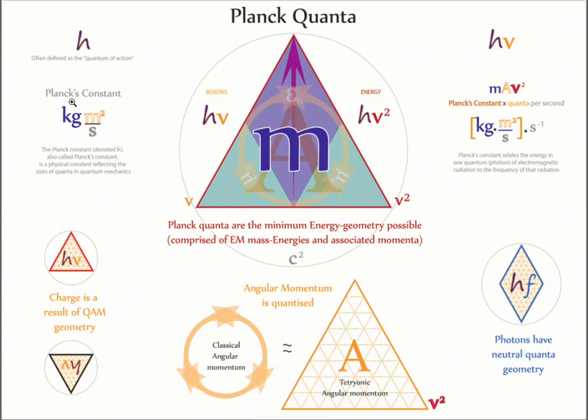The classical expression for Planck's constant is mass by quantized angular momentum, or mass geometries. Again, mass being the energy per unit of time, and the quantized angular momentum being the geometry of that energy. It's that geometry, the equilateral geometry, that gives us the charge of any field.